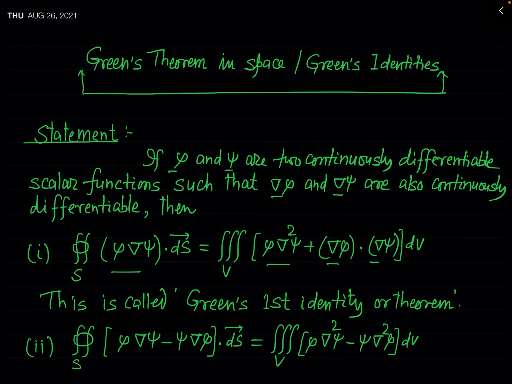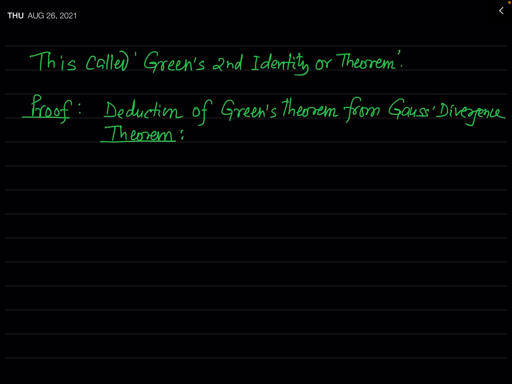This expression is known as Green's second identity, or Green's symmetrical theorem, or the second theorem of Green. These are the statements of Green's theorem in space, or Green's identities.